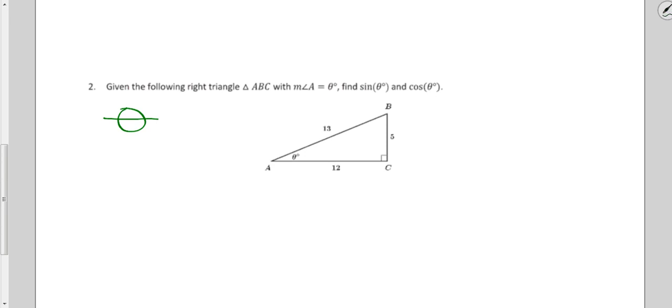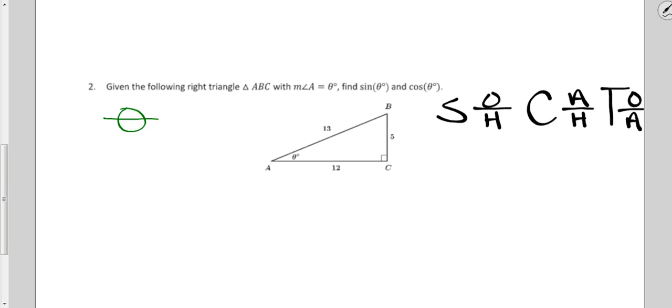Actually, you probably know this already from geometry. Did you guys see that last year in geometry? I wasn't in geometry. I'm in geometry. Okay, so about 5 of you are in geometry right now.